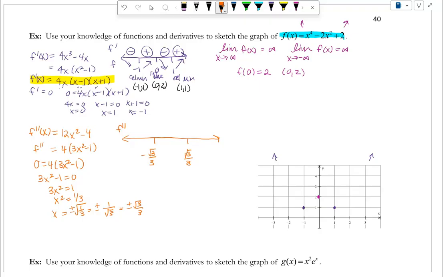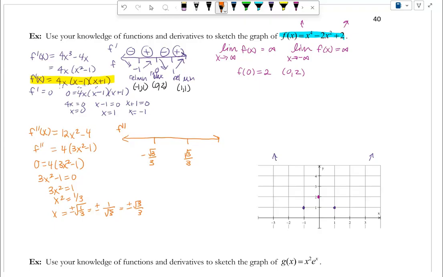And I'm dividing that by 3. To help me approximate it, it's about 0.57. You could check that in the calculator if you want to double check me.